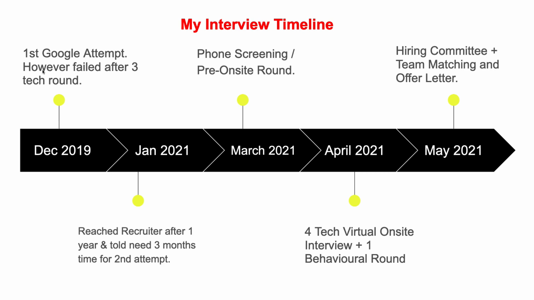However, I failed after three technical rounds. I didn't make it even to the hiring committee stage. After three rounds, my recruiter felt that I hadn't done well. So straight away there was no fourth round or any hiring committee stage.